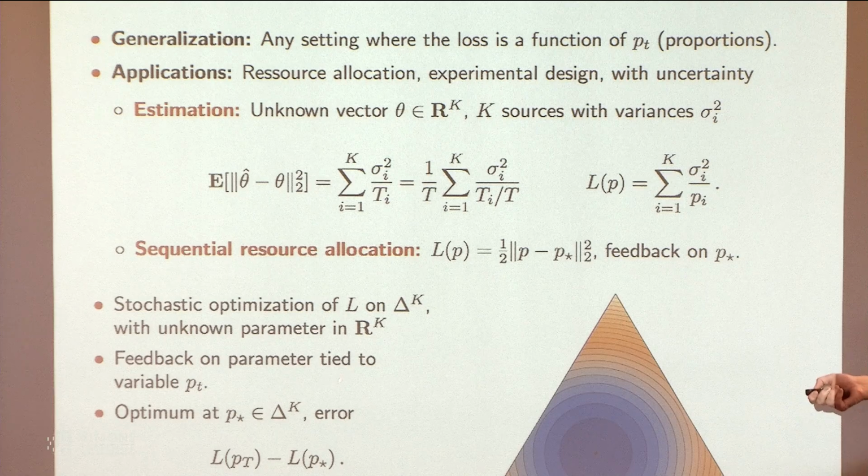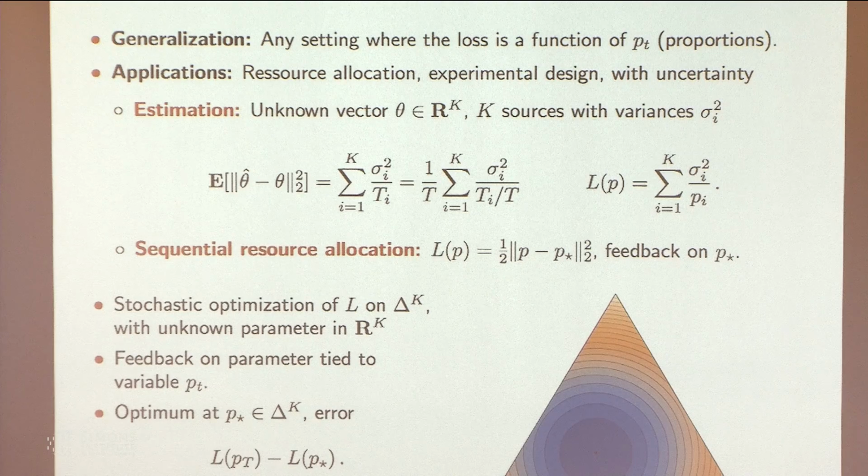And the feedback on the parameter is tied to the variable pt. If you've played some action a lot of times, your estimation of this particular coefficient is more accurate. And again, you have some optimum p star somewhere in the simplex, and you have some optimization error that looks like this.